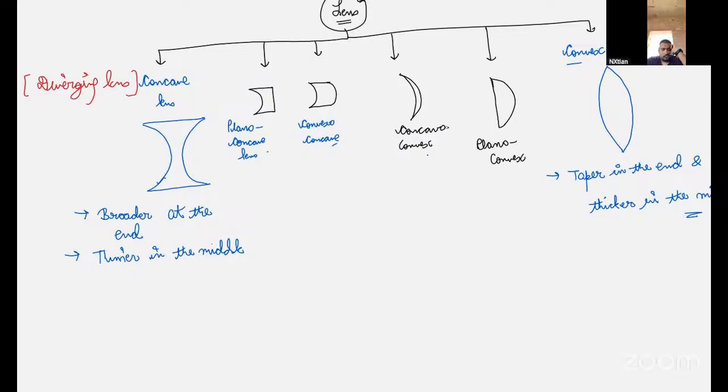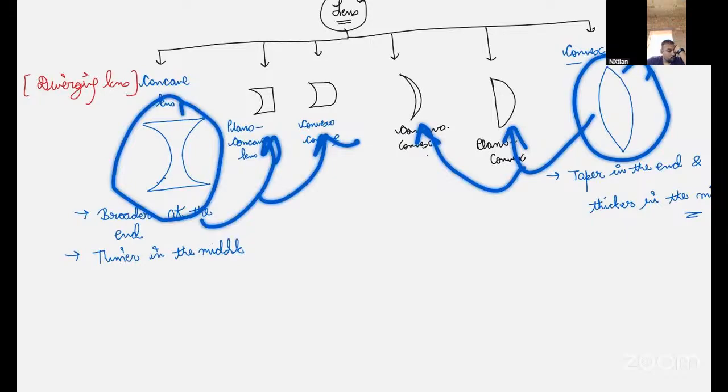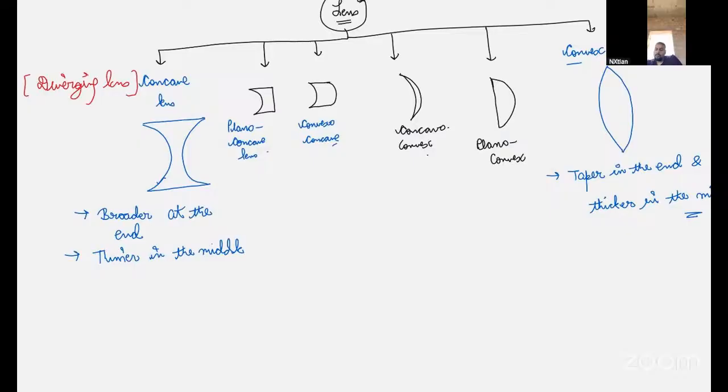Concave lens, plano concave lens, convex lens. So these merge, so in total, in the lenses themselves, there are six types. Okay, so 1, 2, 3, 4, 5, 6.